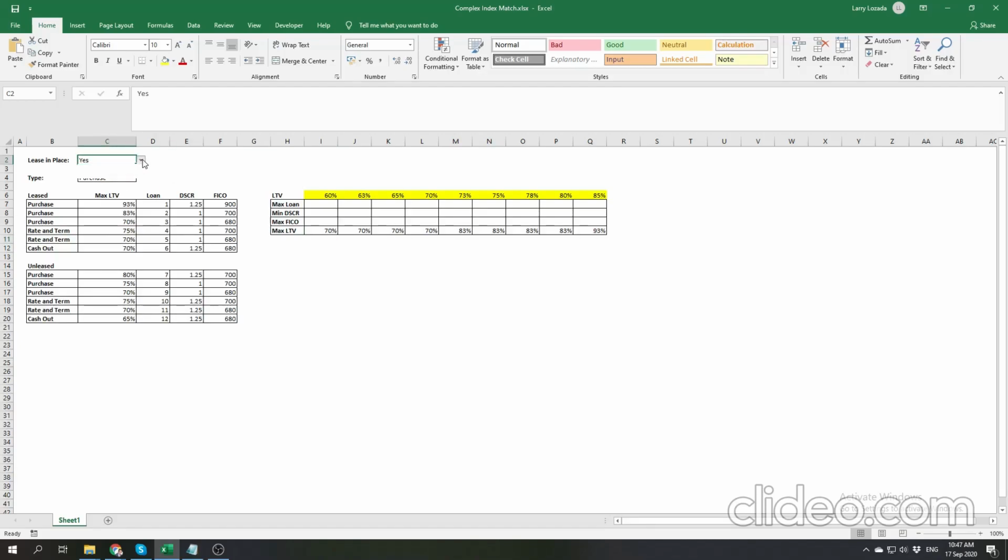Okay, if this is a no, okay, 60%. Let's change this one to 70, 69, 68%. Okay, so 60%, the minimum value that is greater than percent. 68.